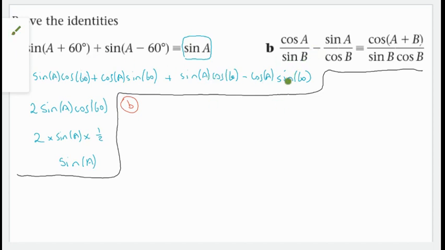Now, next we want to show that cos A over sine B minus sine A over cos B is the same thing as cos A plus B over sine B cos B. Right. Looking at this, I'll start with the left-hand side, and what I'll do is I'll add the fractions.